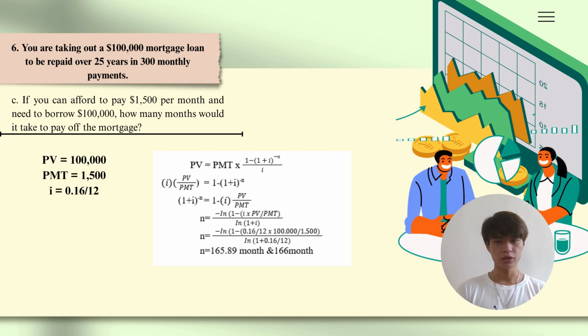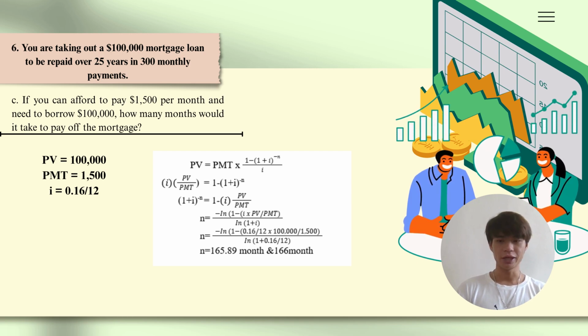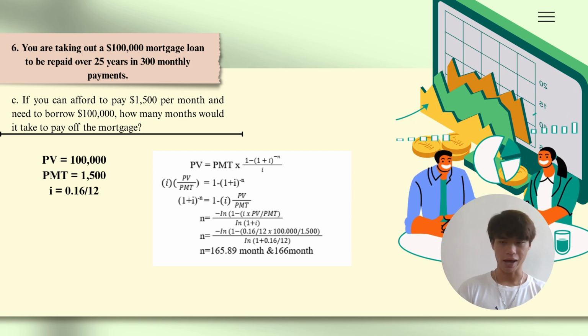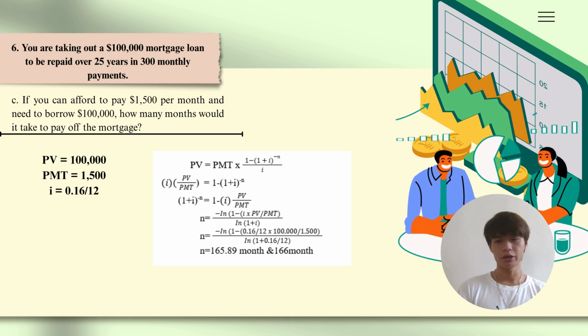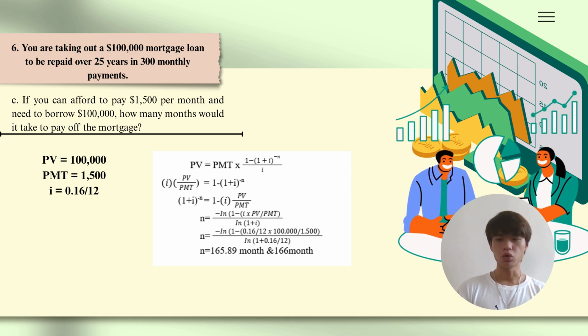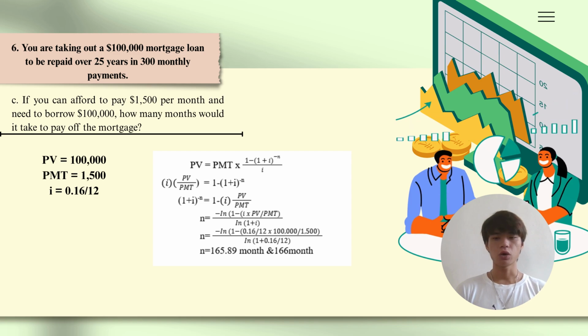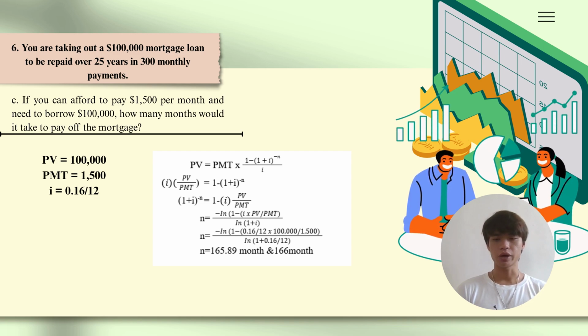So for the formula, PV equals PMT times (1 minus (1 plus i) to the power of negative n) divided by i. So change to i times PV divided by PMT equals 1 minus (1 plus i) to the power of negative n, and change again to (1 plus i) to the power of negative n equals 1 minus i times PV divided by PMT.